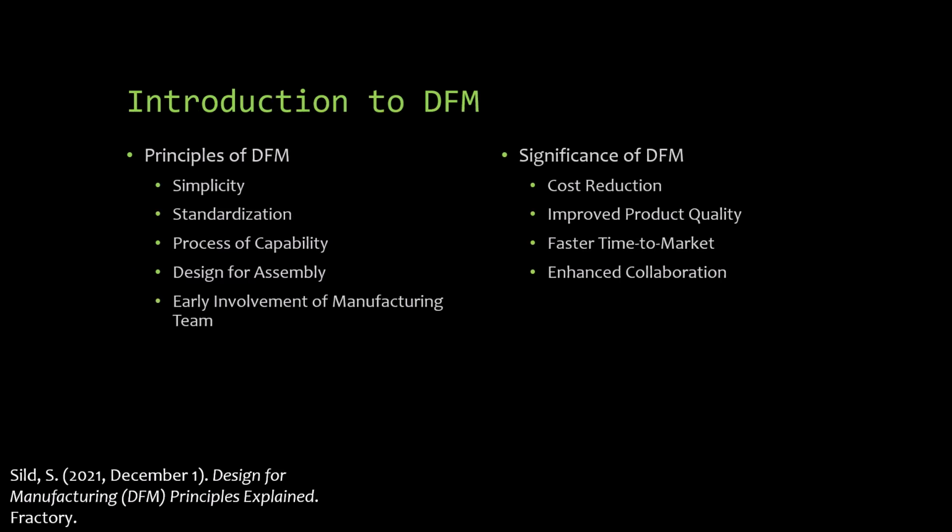As stated previously, this first section is an introduction to DFM to help set the stage. DFM revolves around several key principles, the first of which is simplicity, simplifying product designs by reducing the number of parts. Minimizing complexity can lead to easier assembly and lower manufacturing costs, and simplified designs are less prone to errors and often result in more reliable products.